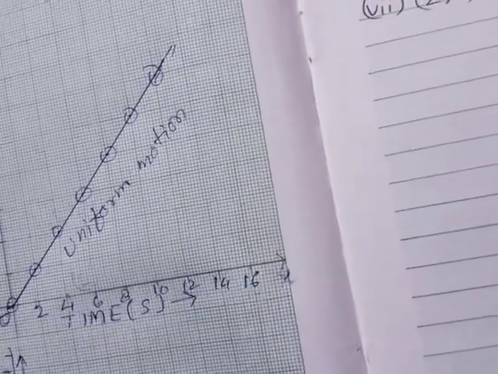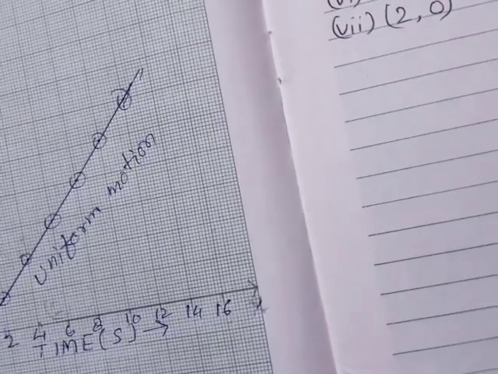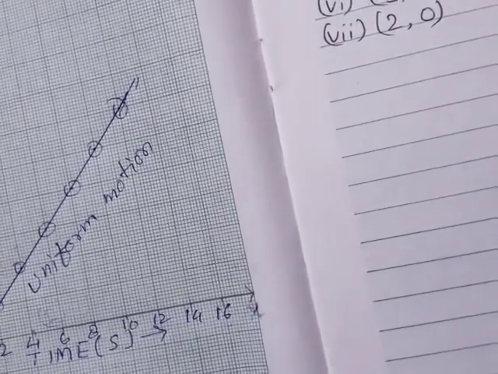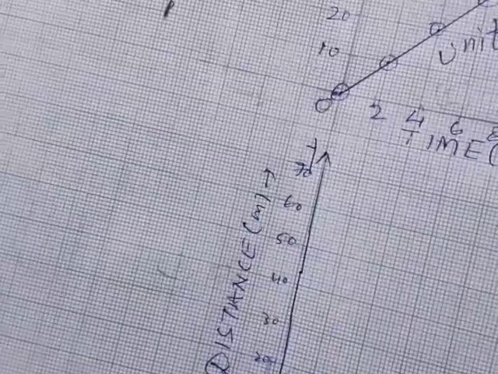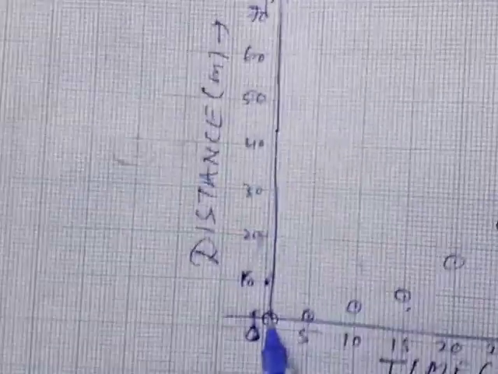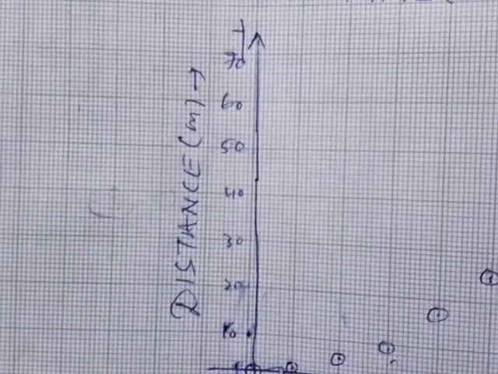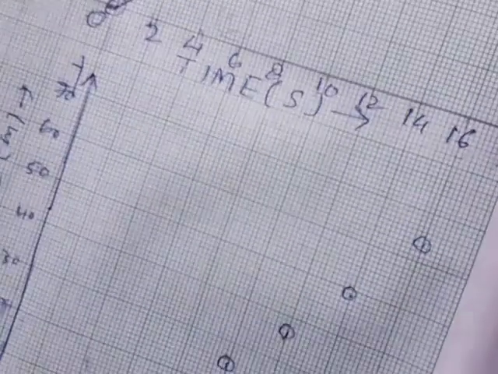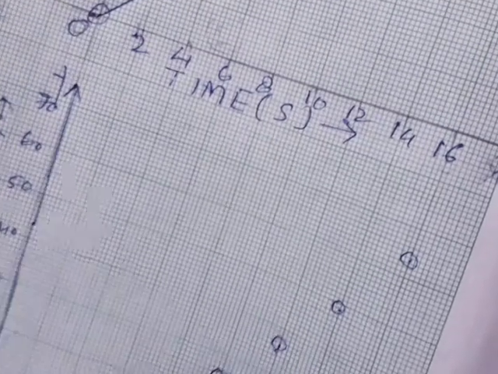Then 64 after the 40th second. 60 and 70, from 60 go 4 lines more. Here it is 64. Now we join all these points, then find the shape of the graph. Just to see that, I am going to join all these lines to locate the shape of the graph.